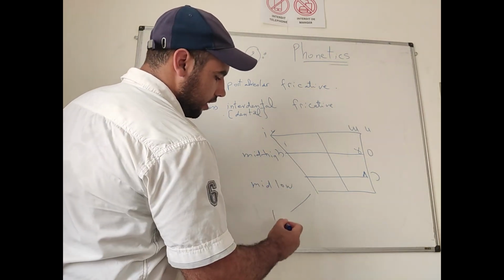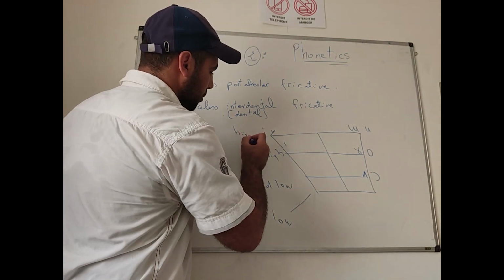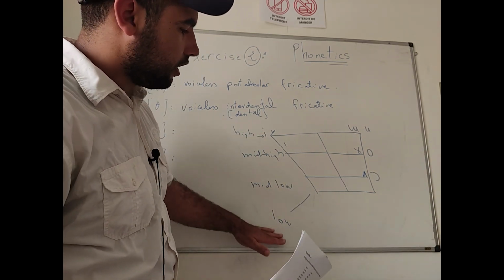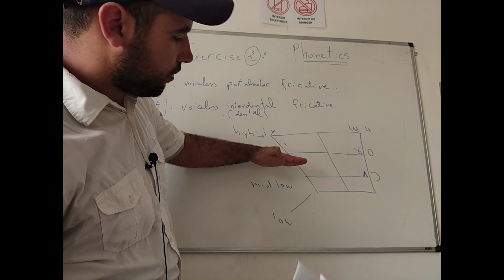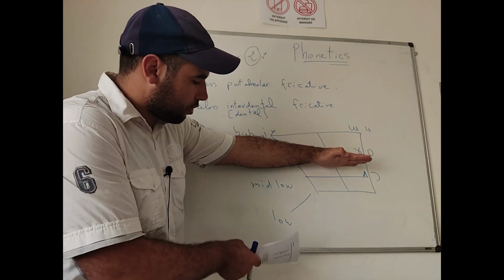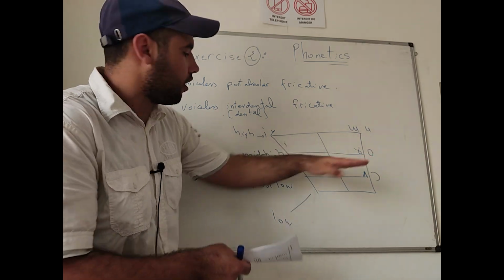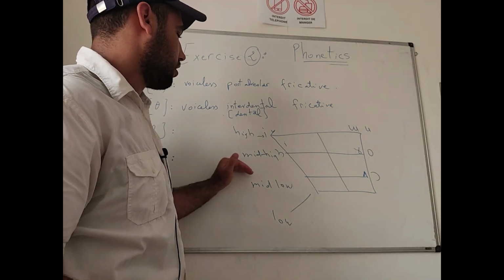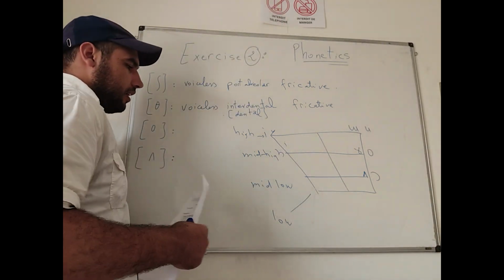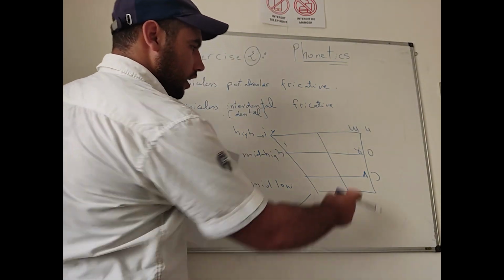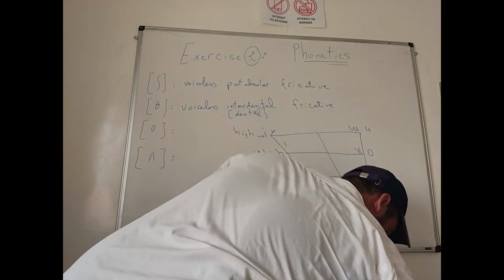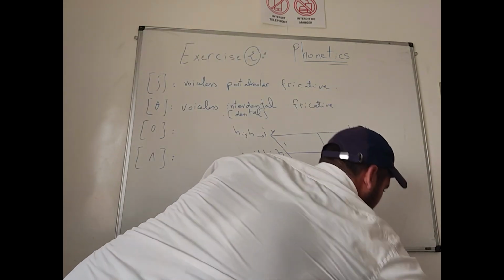This one is the low, and this one is the high. Remember it like this: high, mid-high, mid-low, and low. We divide it into two: the lowest one, which is the low feature, and the highest one, the high feature. And we have high, mid-high, low and mid-low.